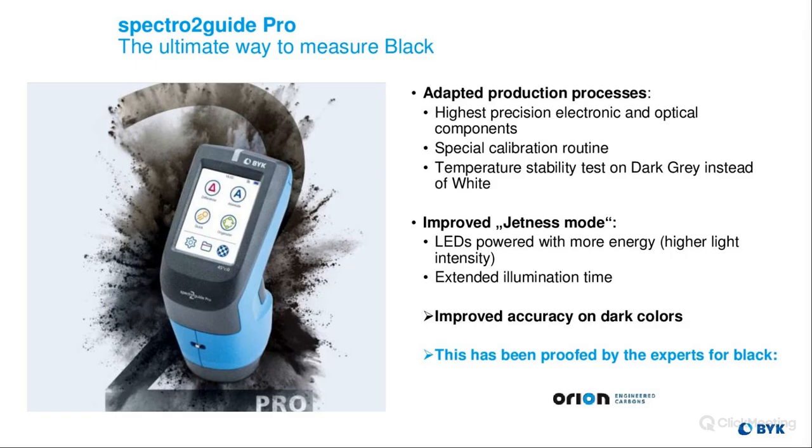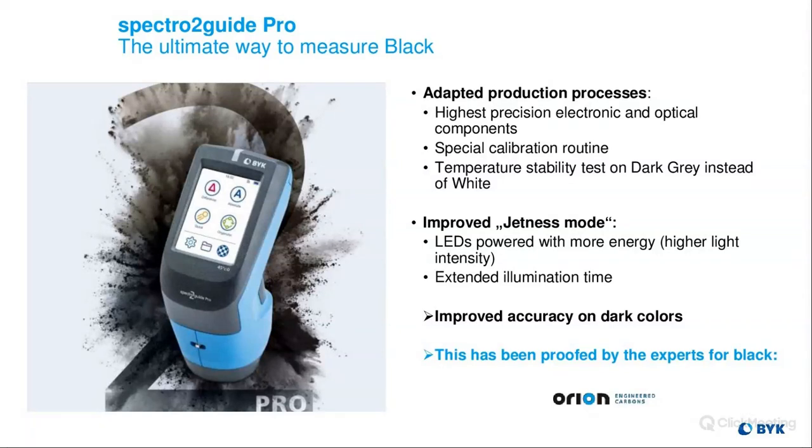And once again, this is the Spectra 2 Guide Pro with the jetness mode. So we adapted our production processes by using the highest precision electronics and optical components. We gave it a special calibration routine, the temperature stability test on a dark gray instead of a white tile, to improve that black detection.